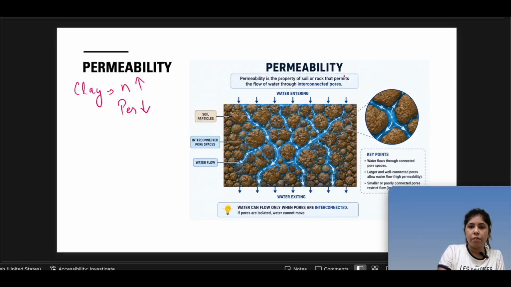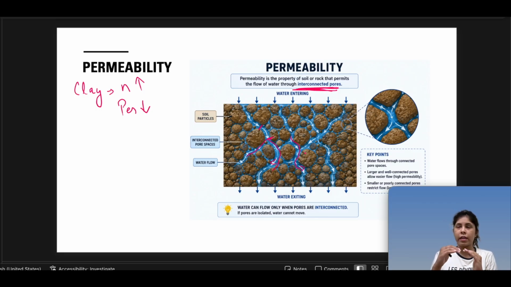Permeability is when the pores in the medium are connected, then only water will be able to pass, right? You can see the pores are connected everywhere, so the water has a way to go in every place. So these are connected pores, but in clay the pores are not connected very properly.